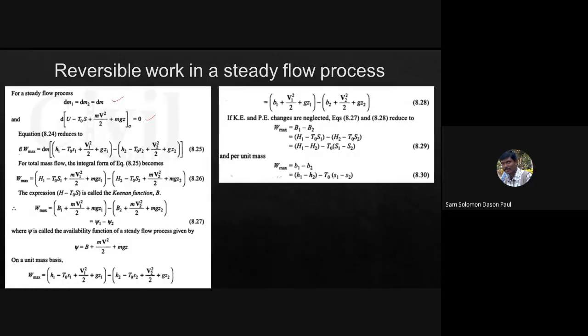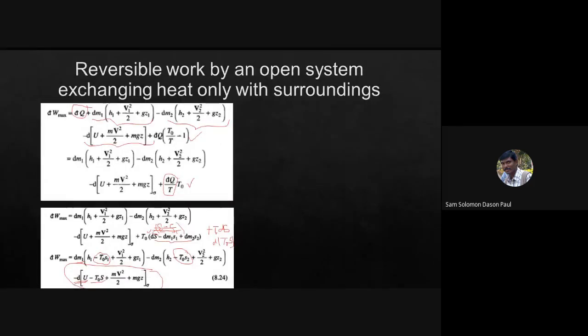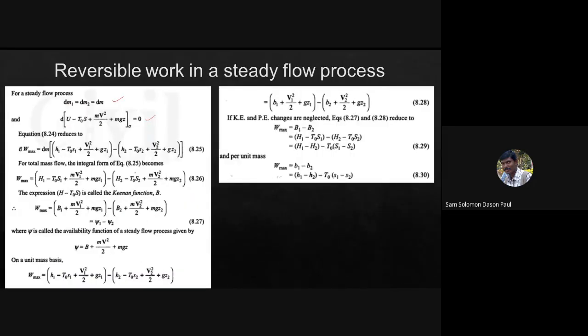So your dw max is simply these two terms: dm1 into h1 minus t naught s1 plus v1 squared by 2 plus gz1, minus dm2 into h2 minus t naught s2 plus v2 squared by 2 plus gz2. Those are the only two terms that you have. The third term, because there is no energy storage, becomes zero.